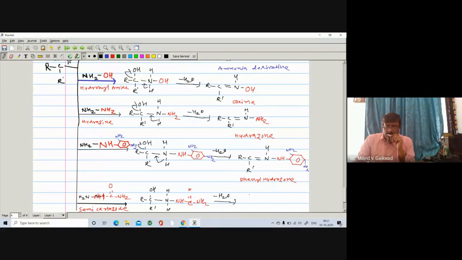So you are getting here R C, here is R dash. This sigma bond opens here, OH negative leaves. This will shift here, and double bond formation takes place. Here is an N H, and the remaining part is urea: NH C double bond O and NH2.